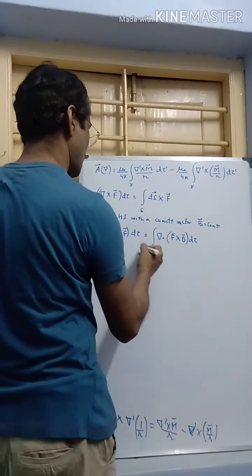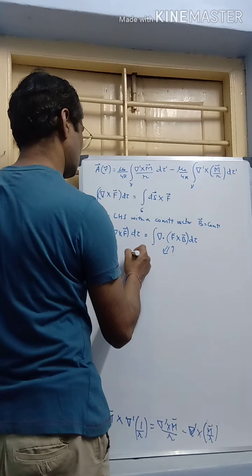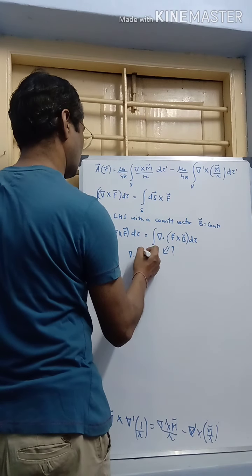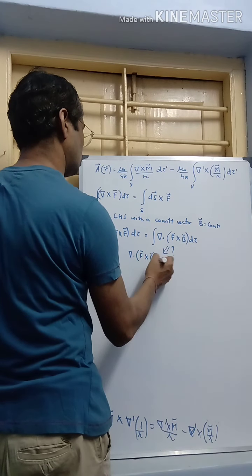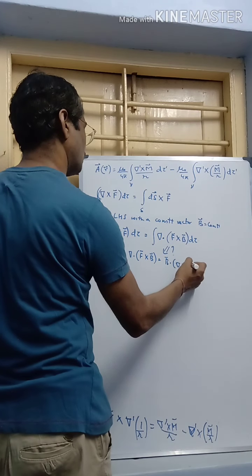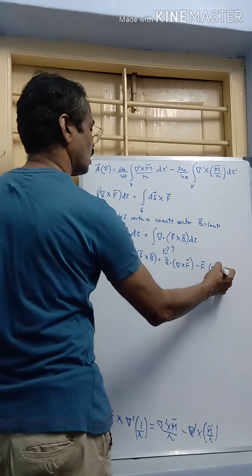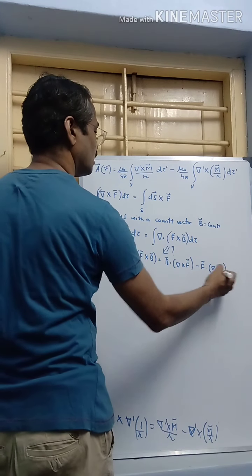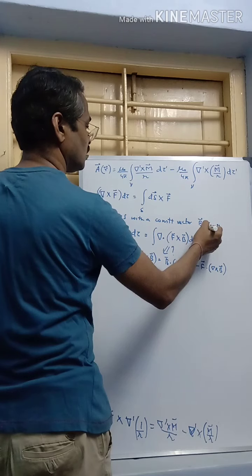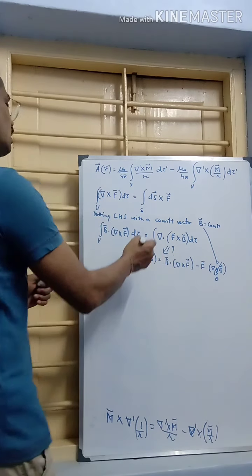Why? Because divergence of f cross b is equal to b dot curl of f minus f dot curl of b, but curl of b is zero since b is a constant vector, so this goes to 0.